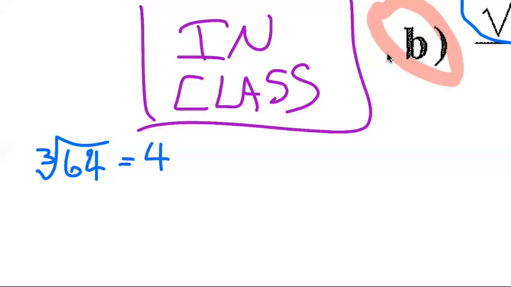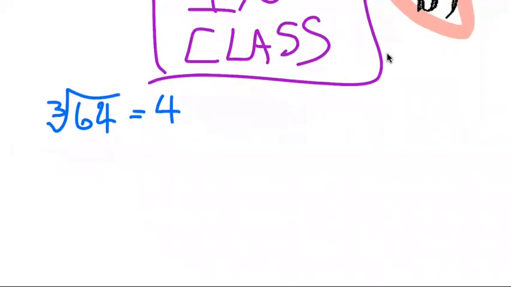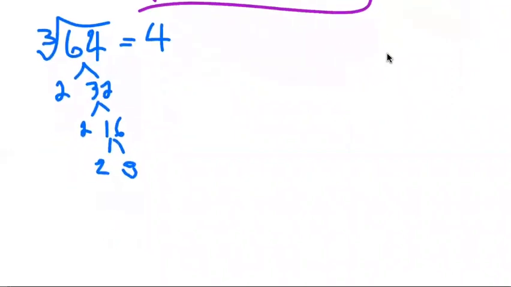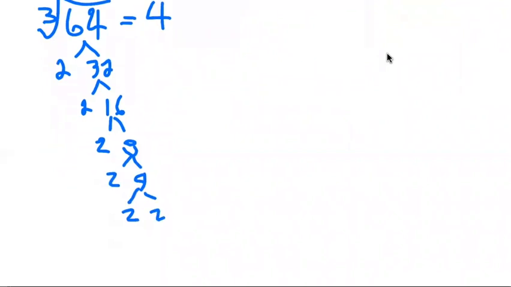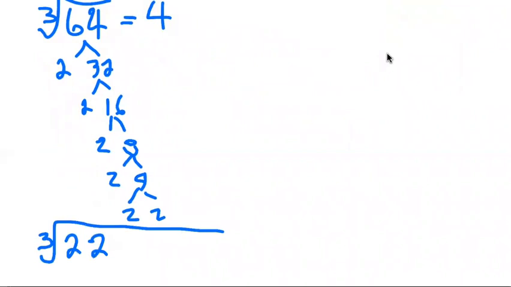If you don't, then you're going to go through the process of prime factorizing, and 64 is going to break into 6 2s. So it's 2 times 32, which is 2 times 16, which is 2 times 8, which is 2 times 4, which is 2 times 2. So really, the cube root of 64 is 2 times 2 times 2 times 2 times 2 times 2.